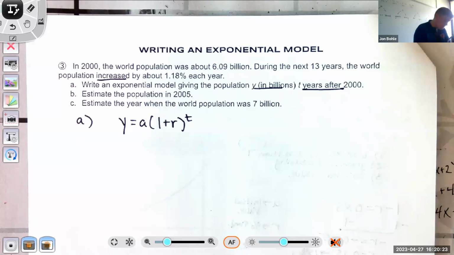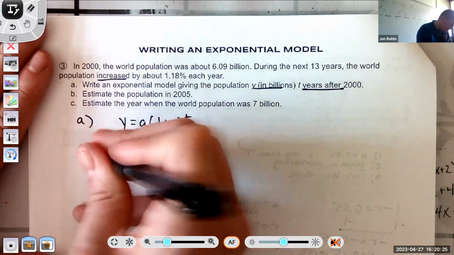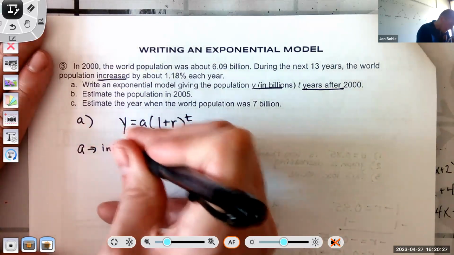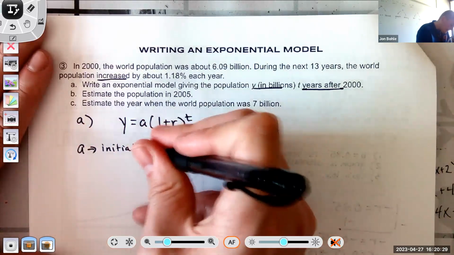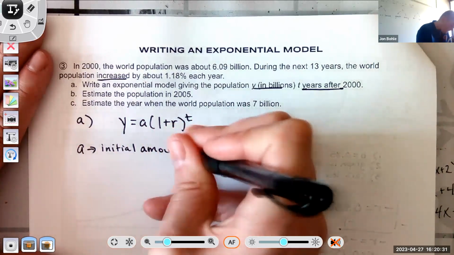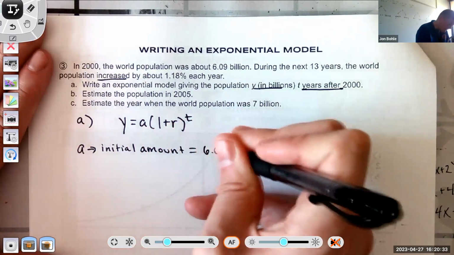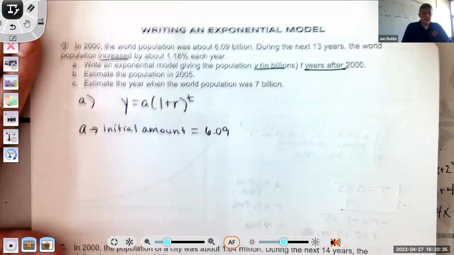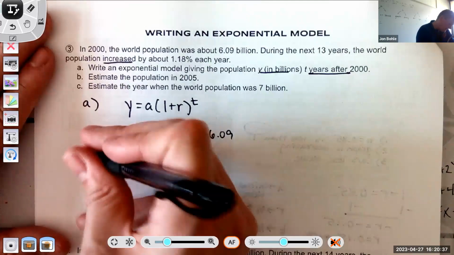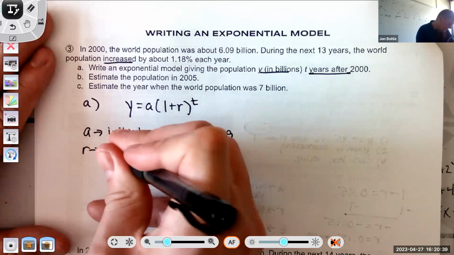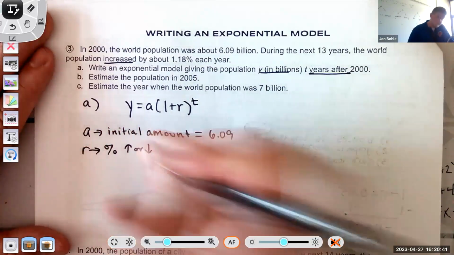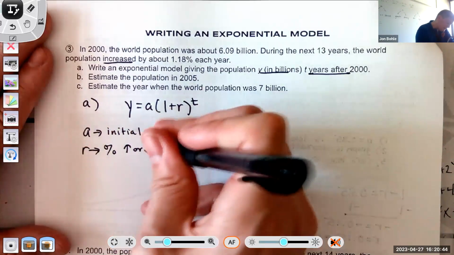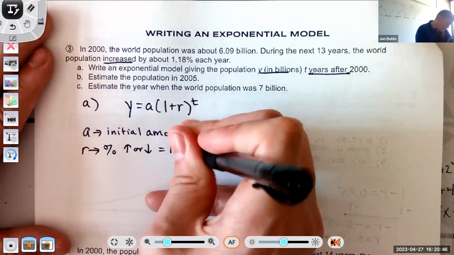So A is going to be the initial amount. For us, that is going to be 6.09. R is the percent increase or decrease, which for us is 1.18%.